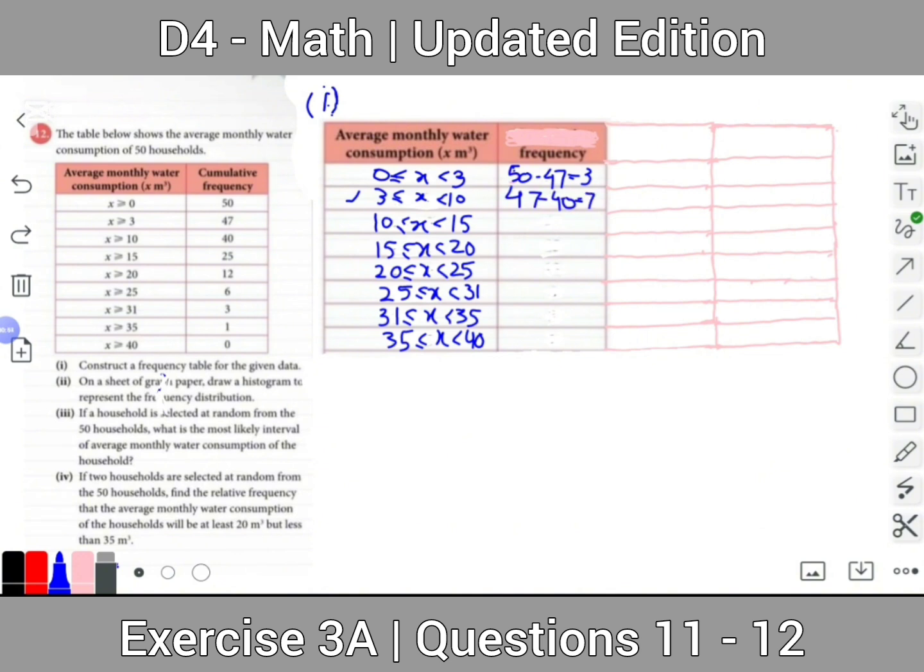To find the frequency of the class interval 10 to 15, subtract the cumulative frequency of the next class interval 15 to 20 from that of the current class interval 10 to 15. So 40 minus 25 will give us the frequency of 15.